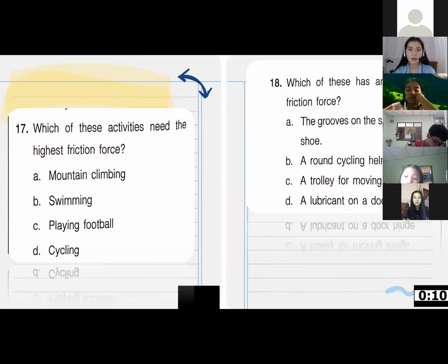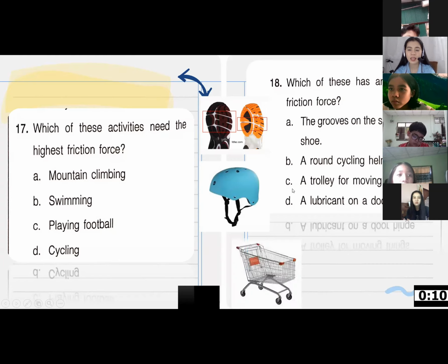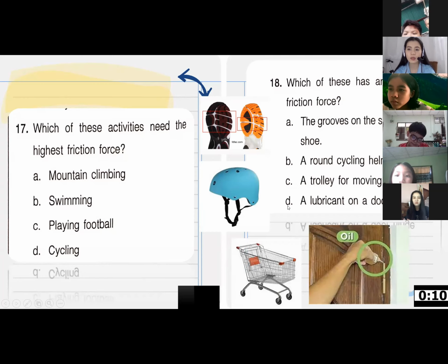Okay. Number 18. Which of these has an increase of friction? A. The grooves on the sole of a sports shoe. B. A round cycling helmet. C. A trolley for moving things. Or D. A lubricant on a door hinge. Which of these has an increase of friction force?